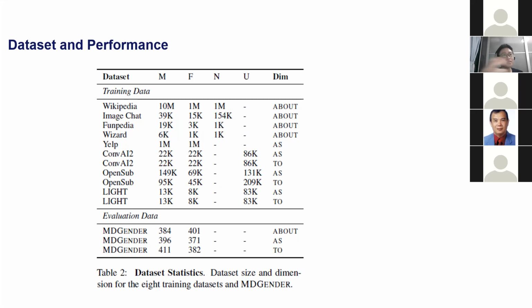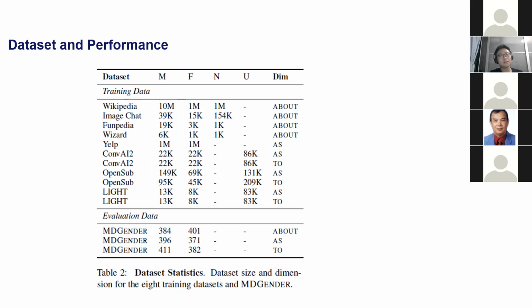So for the rest, Conv AI2 and Light, I think those are data sets containing conversations between volunteers, and this is collected.